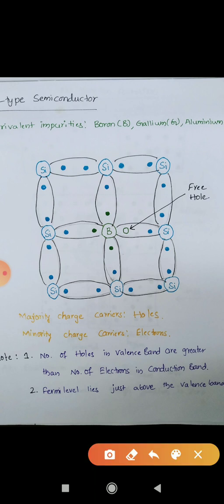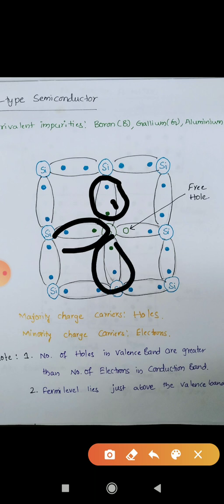Let us see how. Here we know that silicon is tetravalent and the impurity we are considering is boron. Let us say for 8 silicon atoms we introduced one boron atom, and boron contains 3 valence electrons. These 3 electrons form 3 bonds with adjacent silicon atoms, but one of the adjacent atoms has no electron to form a bond with it.